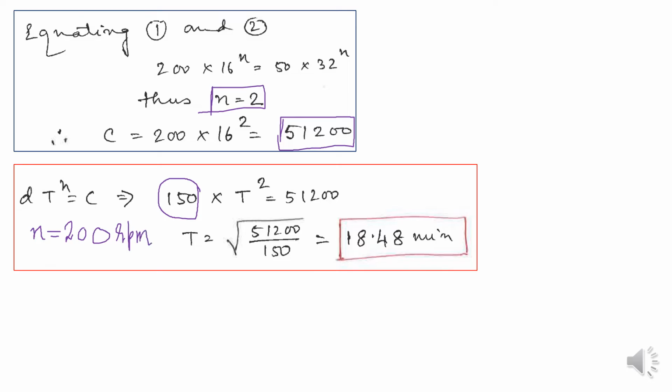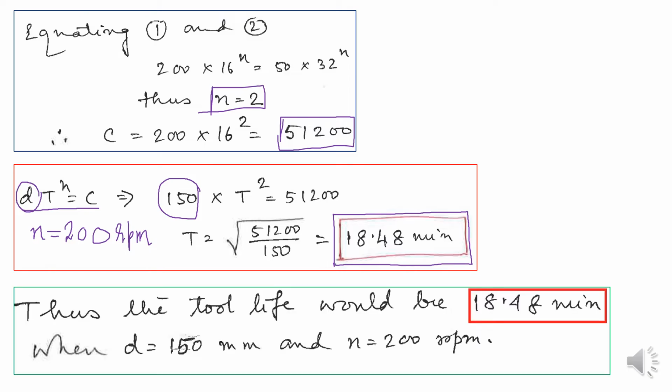Thus, instead of Vc into T to the power n equal to C, we can use D into T to the power n equal to C. And putting this in the equation, one can get the expected tool life to be around 18.48 or 18.5 minutes.